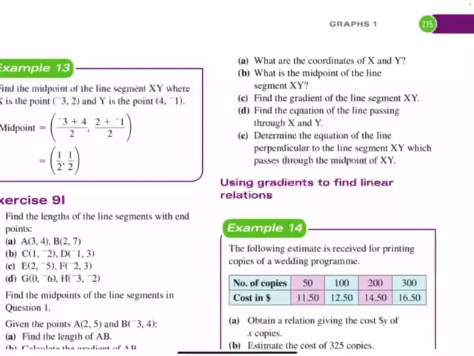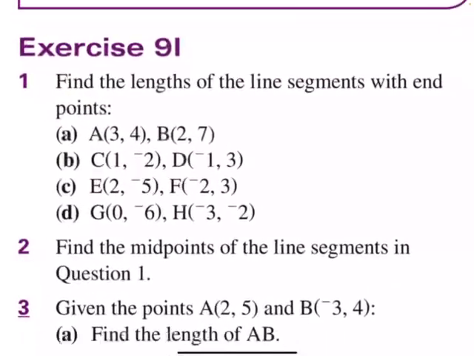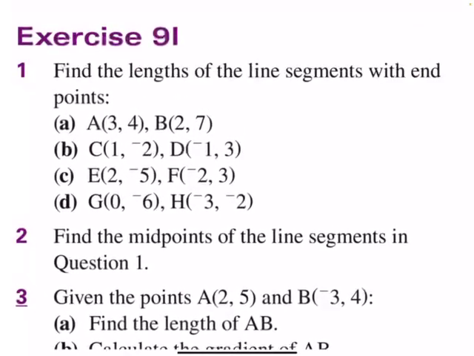This is page 215. And then you can, for example, do 9i. Find the lengths of the line segments with the endpoints. No, number 2. Find the midpoints of the line segments in question 1.